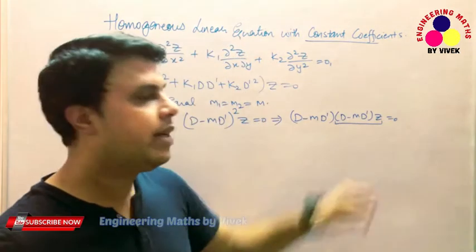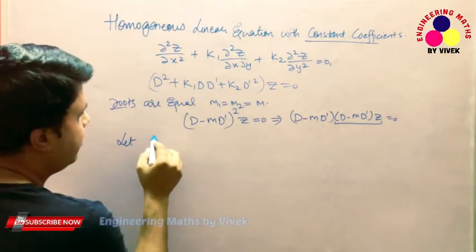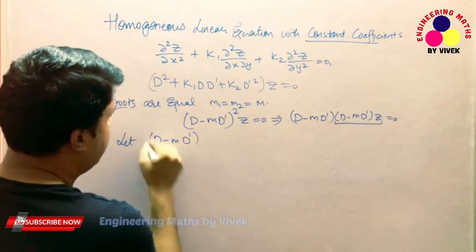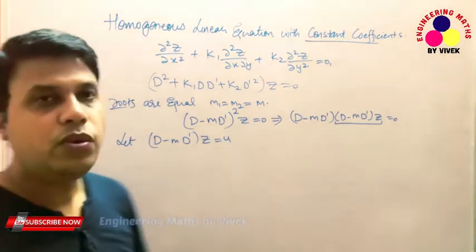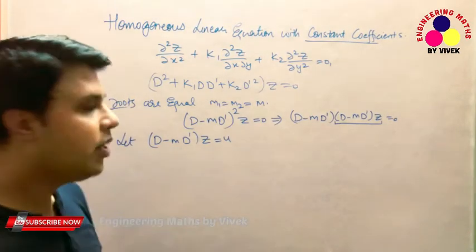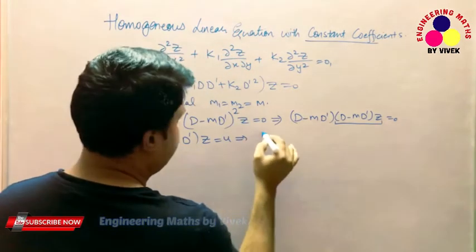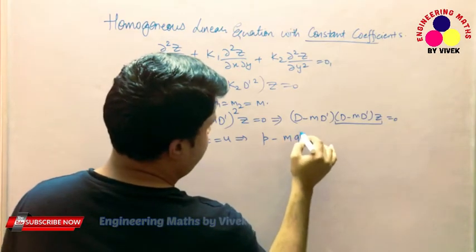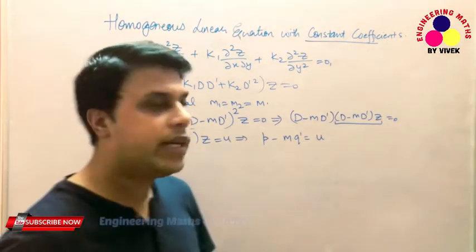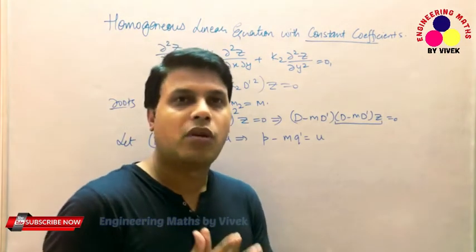So we are taking (d minus m d dash) z equals u. Okay, so now if it is equal to u, again it is forming a Lagrange's equation, which is given as P minus mQ dash equals u. So now again we have to solve the Lagrange's equation.